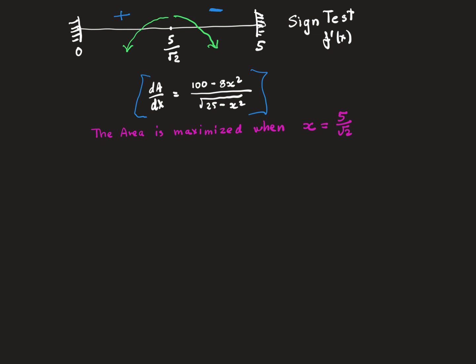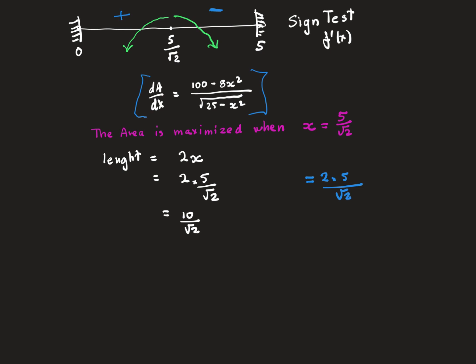Our question asked us, what are the dimensions of A, B, C, D? The length of this rectangle is 2x, and our x value is 5 over root 2. That gives us a value of 10 over root 2. You might also look at this in a different way. You might say that the length is 2 times 5 over root 2.